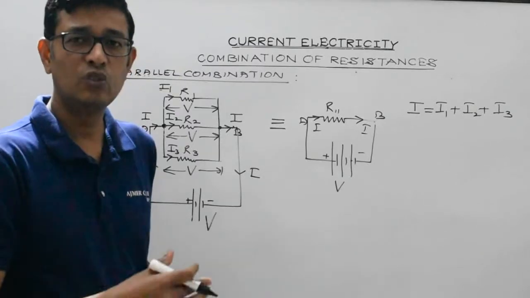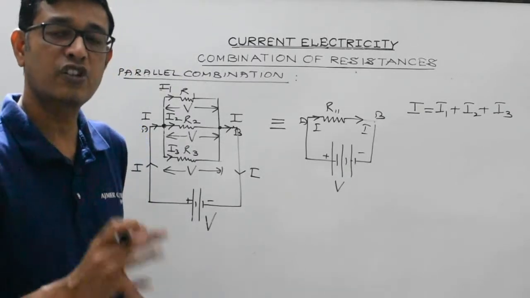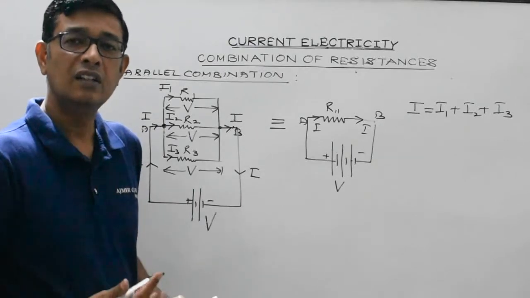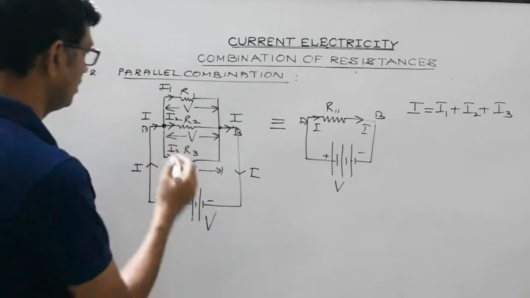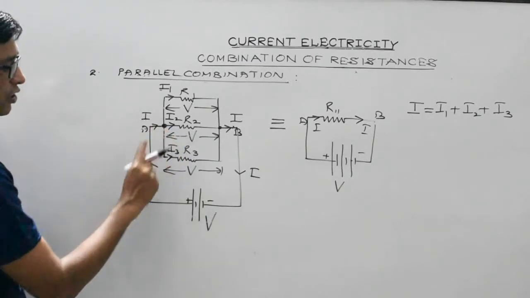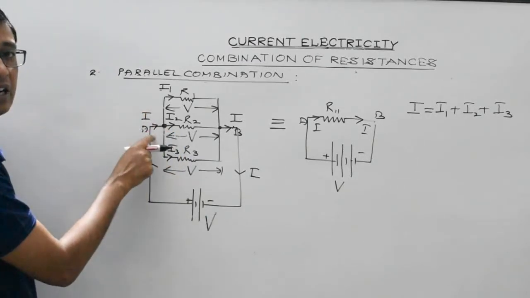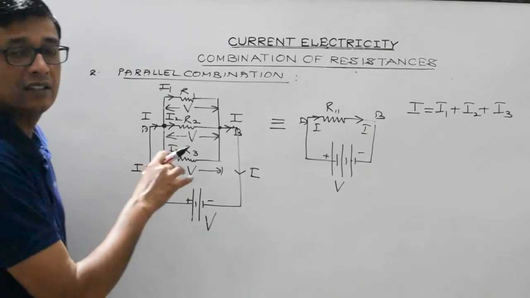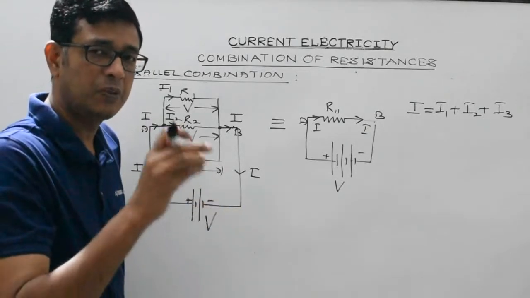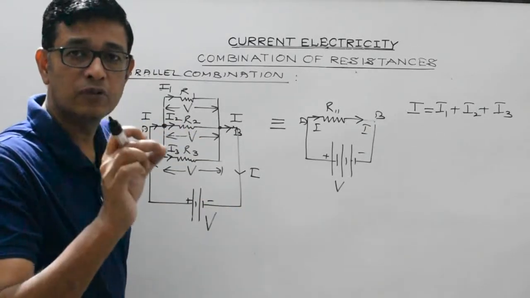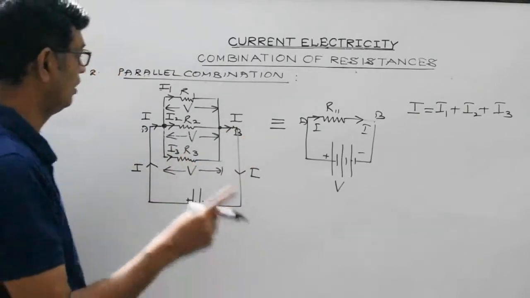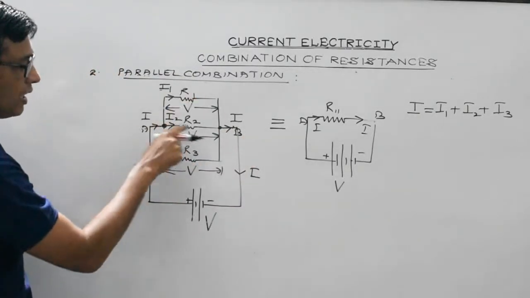And we'll discuss a rule in a later section, known as the junction rule, which states that the sum of the currents entering a junction, this is a junction. At this junction, what is the current entering? That is I. And the sum of the currents entering a junction must be equal to the sum of the currents leaving that junction. The currents leaving this junction are I1, I2 and I3.